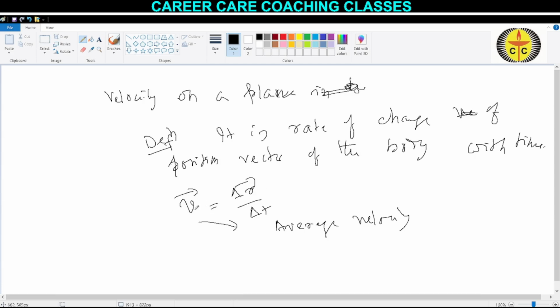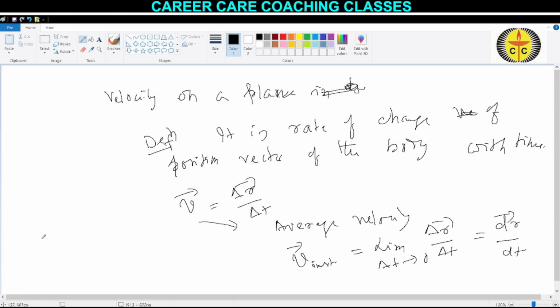If this velocity is varying, then we can find another term, that is instantaneous velocity, equal to the limit as delta t tends to 0 of delta r by delta t, that is equal to dr by dt.